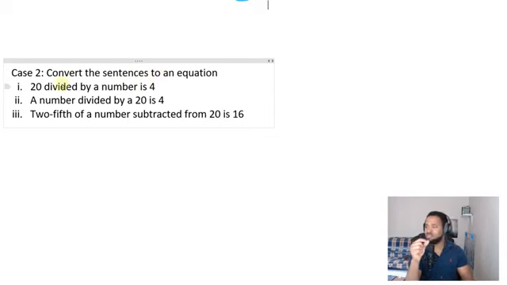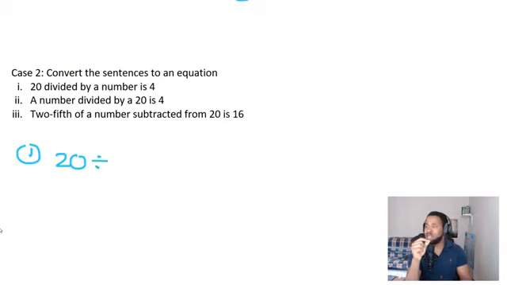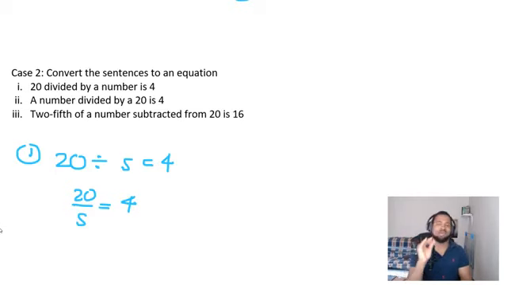So for sentence 1, which says that 20 divided by a number, which in this case, let's give it S, is equal to 4. And this is right. You can also write this as 20 divided by S is equal to 4, because 20 is the dividend and S is the divisor, and the quotient is 4. So keep that in mind.